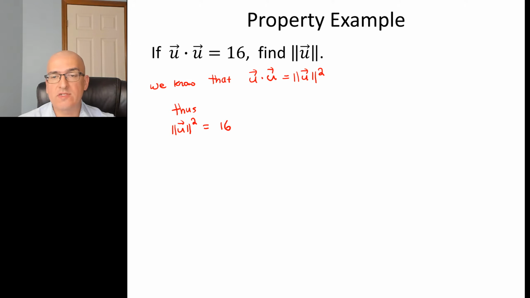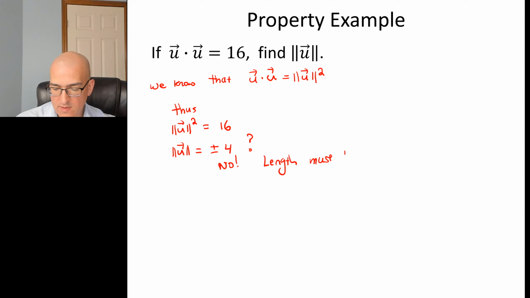So if something squared is equal to 16, I'm going to take the square root of both sides. That means the length of u is plus or minus 4. I'll put a question mark there. And something's wrong with that answer, because length is always positive. Length must be positive.